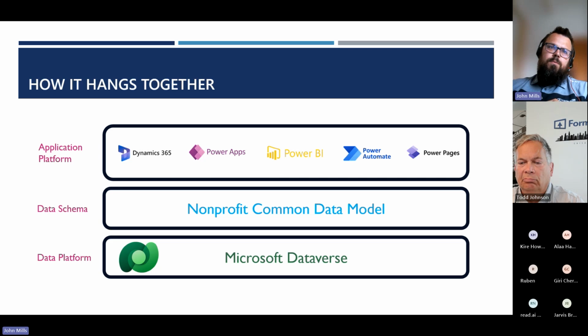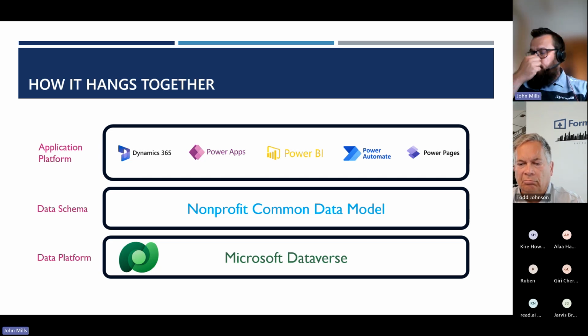So that's in terms of the data, what you would get. You then obviously need something to be able to do something with that data, and that's what the application platform is. As we alluded to already, what this gives you is a bunch of applications within Dynamics 365. So that's essentially your front end that you would use to create records, update records and follow the usual processes with this data.